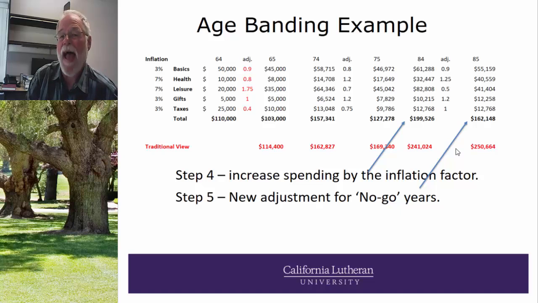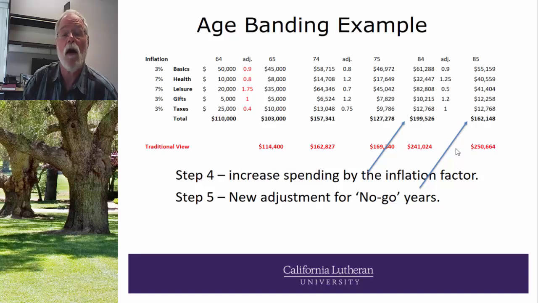Now, there's nothing magic about each of these three groups. It could be instead of the 65, you might have a client who decides to retire at 68. We go through the process. And they might be done with their go-go era when they're 72 or when they're 78.